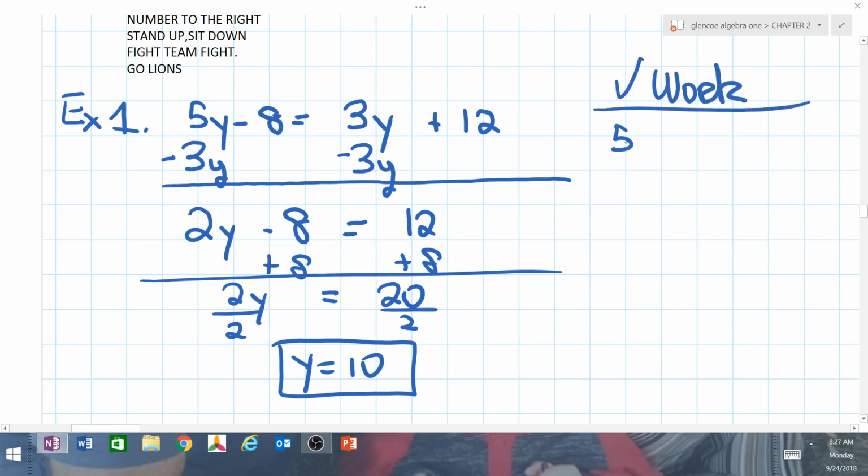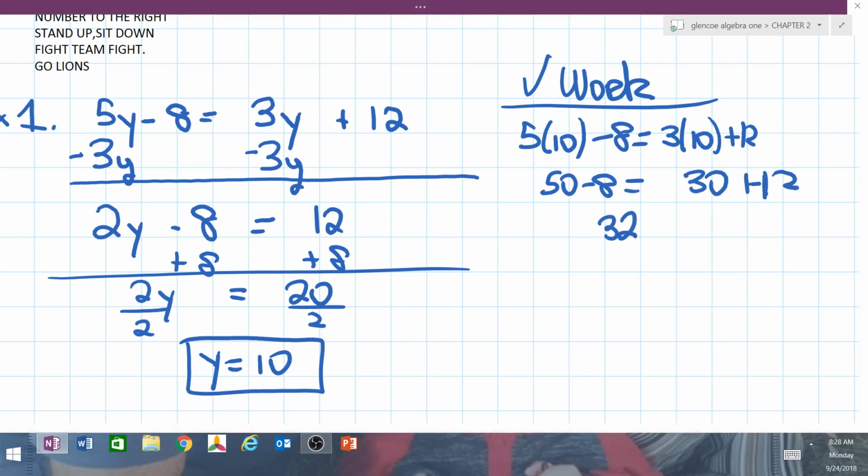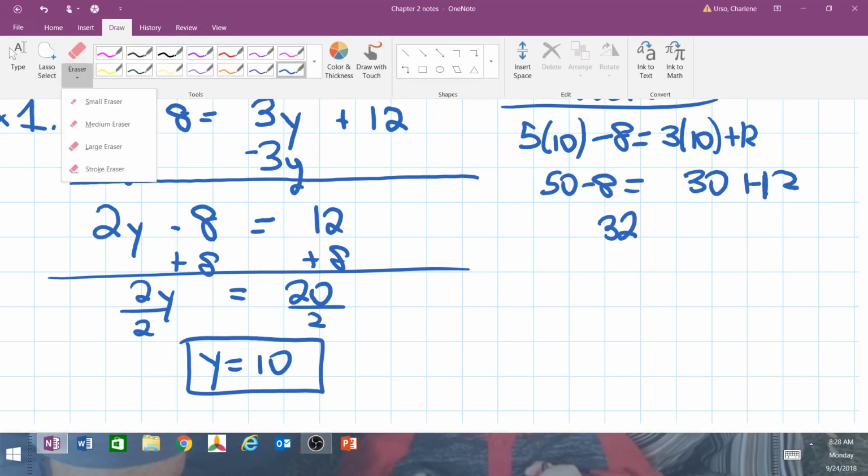So we're going to go 5 times 10 minus 8 equals 3 times 10 plus 12. Or 50 minus 8 equals 30 plus 12. Or 42 equals 42.